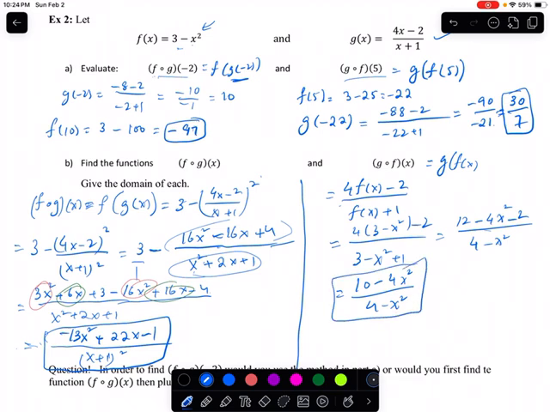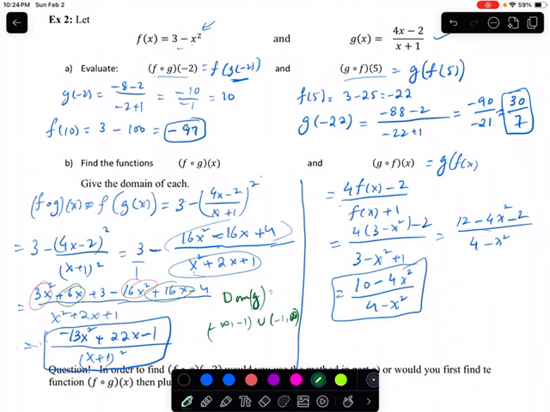What about the domain? For the first one, what is the domain of g? The domain of g is negative infinity to negative 1, union negative 1 to positive infinity.